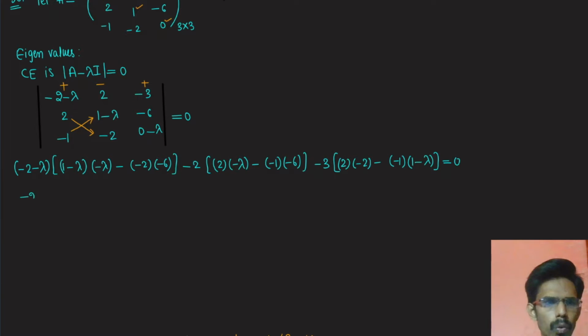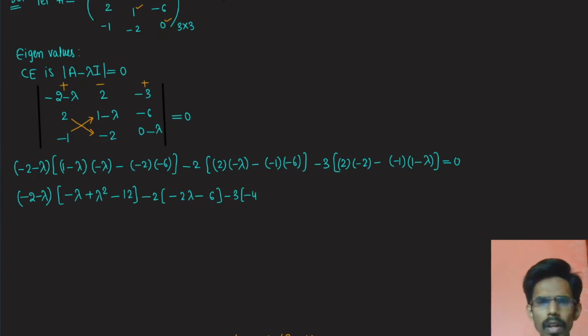Now here I have 2 minus lambda, then multiply this minus lambda to this, it will become minus lambda plus lambda square. Now here we have a minus sign, minus into minus will be plus, 2 6s are 12. Here we have minus 2 lambda, minus 2 into 6, minus 3, minus 4. Multiply this minus into minus will become plus. So here I have 1 minus lambda equal to 0.